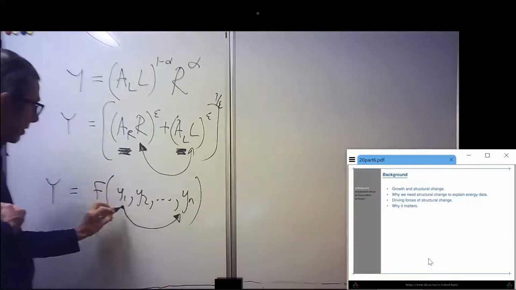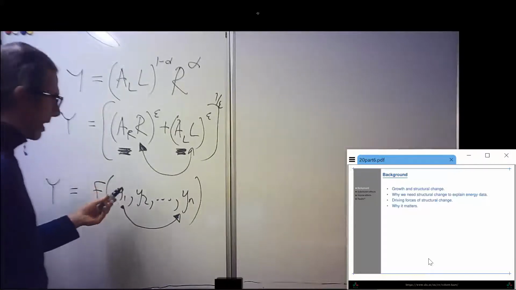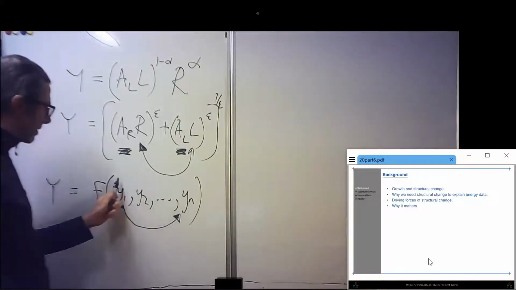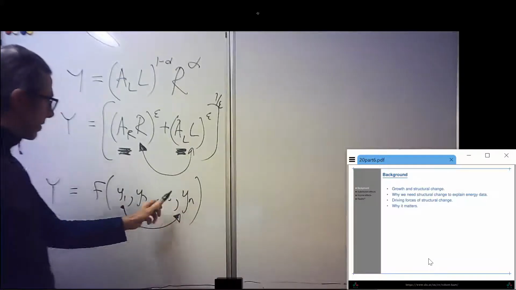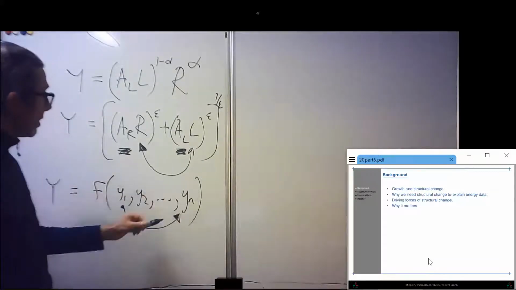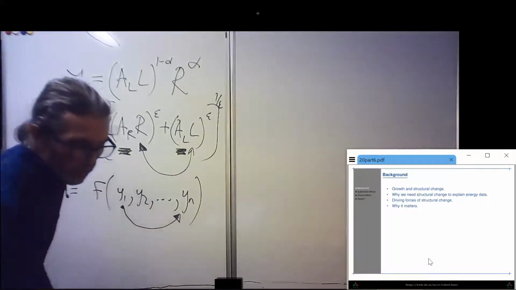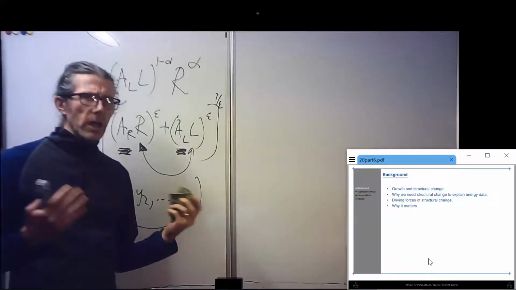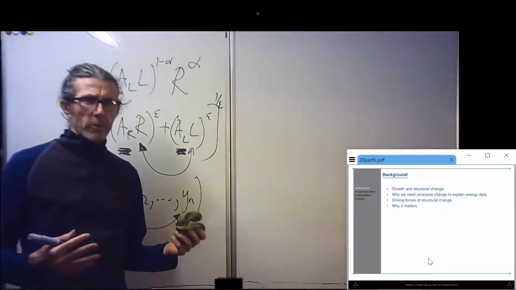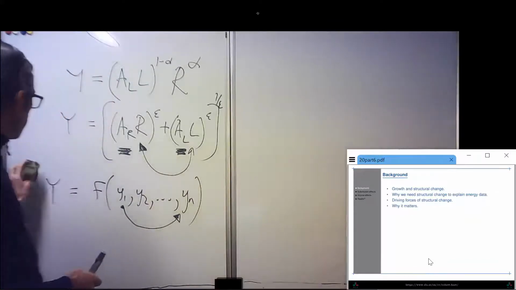And if these goods are intrinsically energy smaller, if these don't use much energy, they're labor intensive, and these use more energy, this shift could explain the data. Okay. So that's our motivation for why we're interested in structural change.